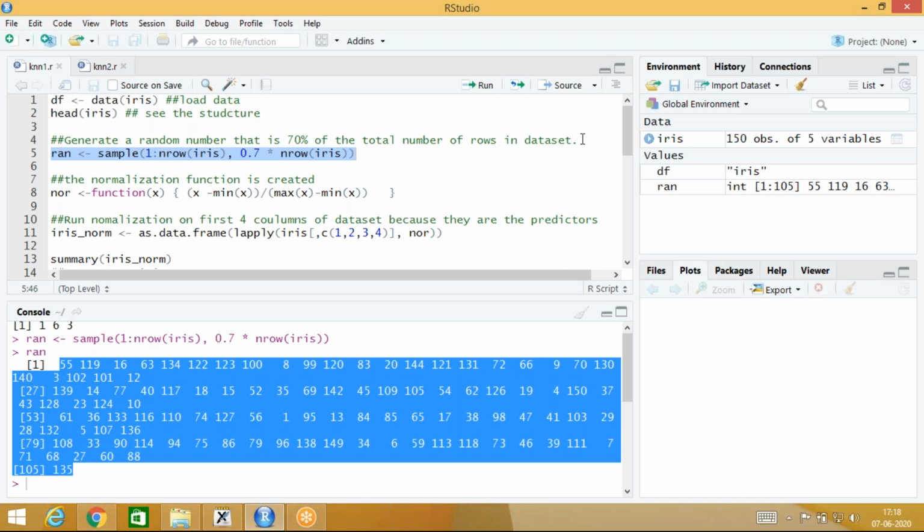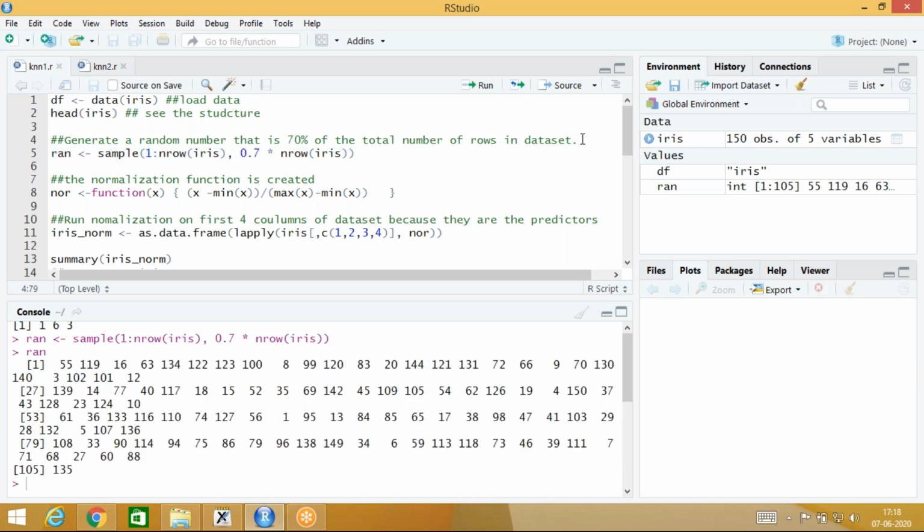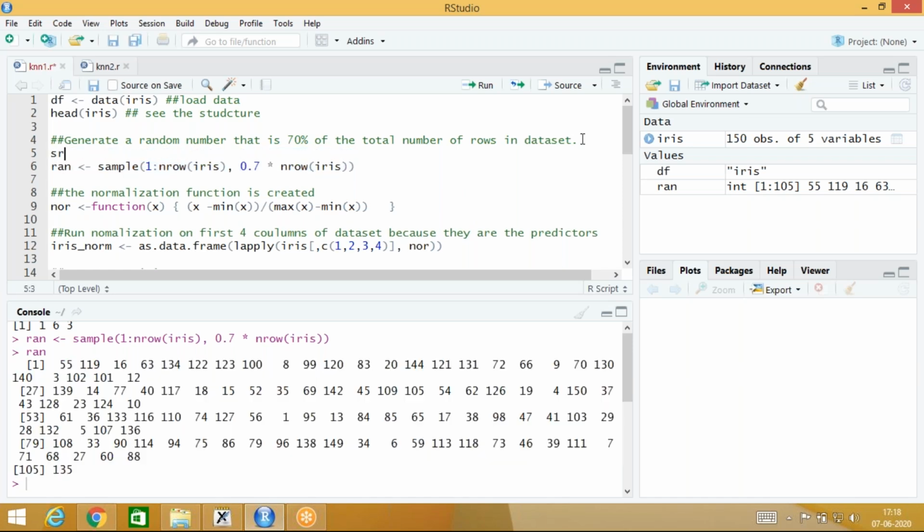Very good. To make sure that whatever I do and whatever you do comes out similar, we write set.seed and then some number. Let's say I write 100. You can put any number there, 100 or 5 or 6, it doesn't matter.